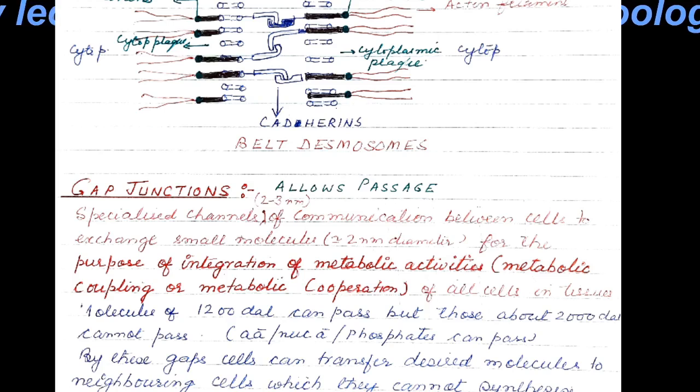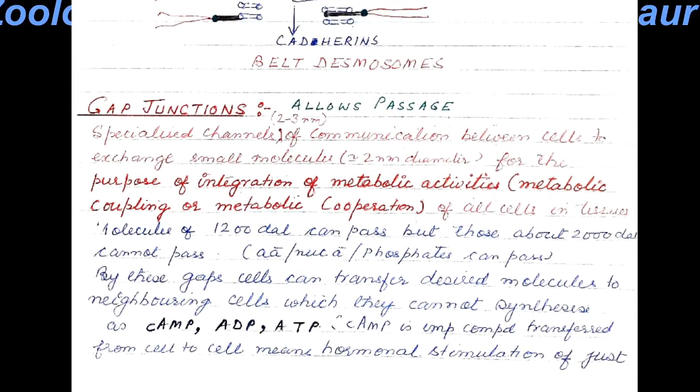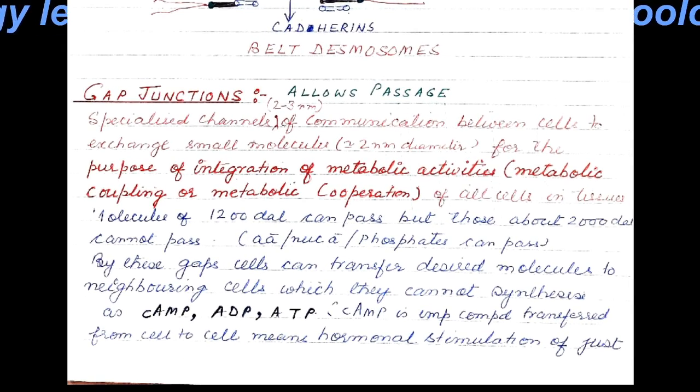Also, nutrients, metabolites, other solutes, and enzymes pass through these gap junctions. So gap junctions are very important for the metabolic integration of the cells. It is a very important evolutionary event having evolutionary significance.